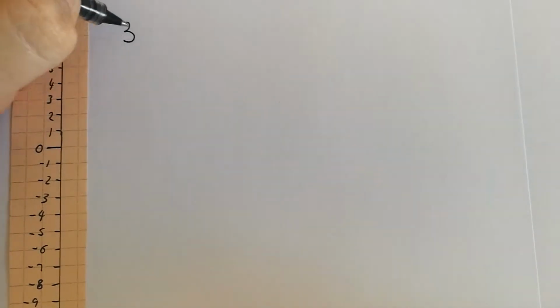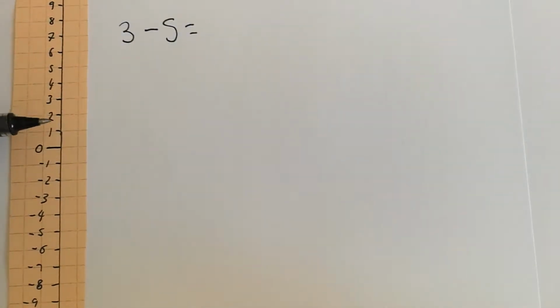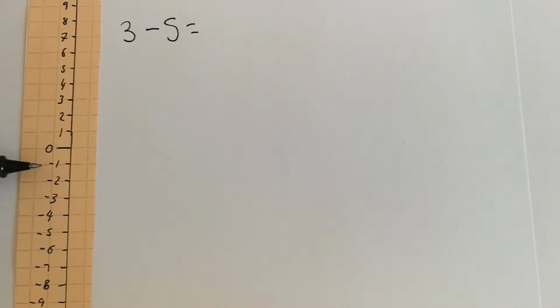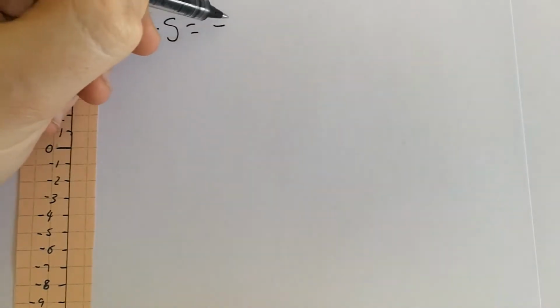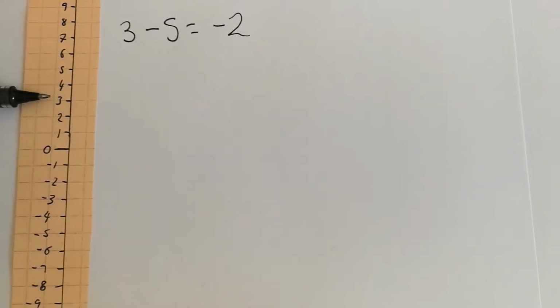So, for example, if we think of the number 3 minus 5, well, I start on the third floor and then go down 5. 1, 2, 3, 4, 5 is minus 2. Another way to think about it is I'm 3 meters above some water.